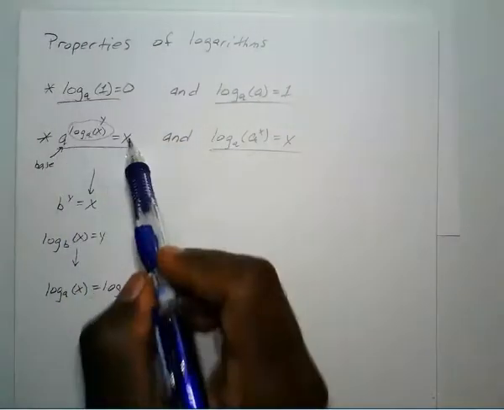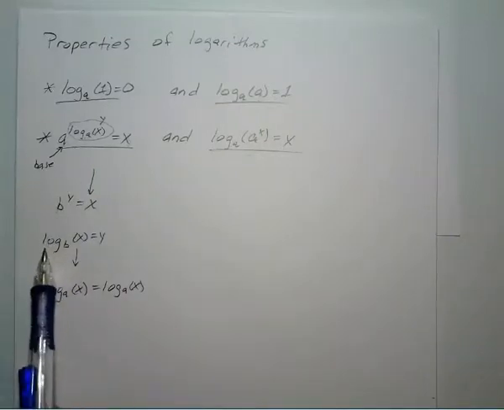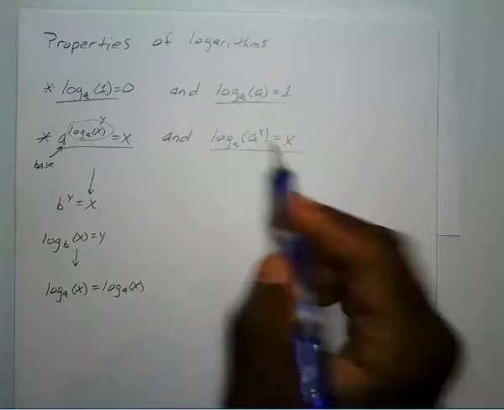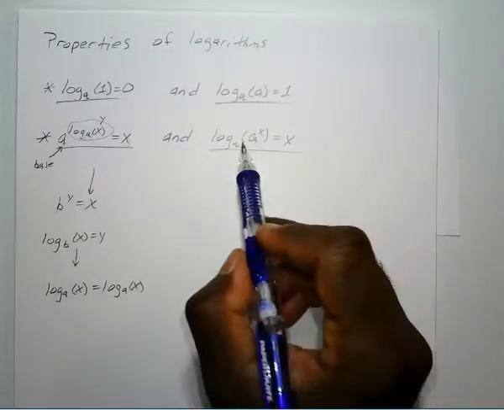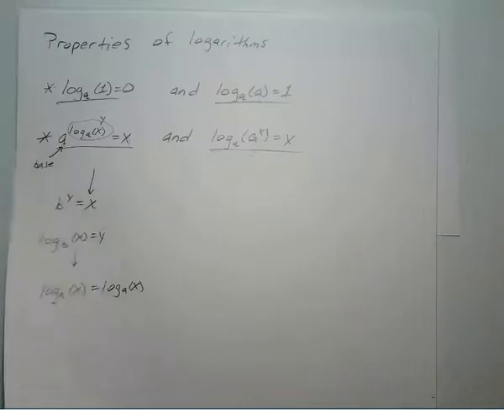So b to the power of y equals x. If you convert that, your base to the power of y equals x. So basically all this runs true, and you have log base a of x equals x. So a to the power of x equals a to the power of x. Again, you don't have to memorize these. These are just properties that are handy to know.